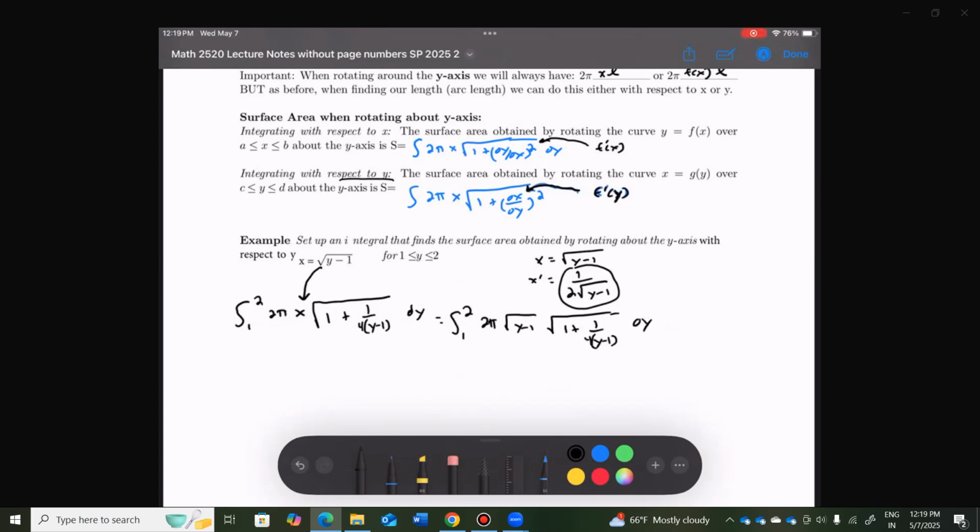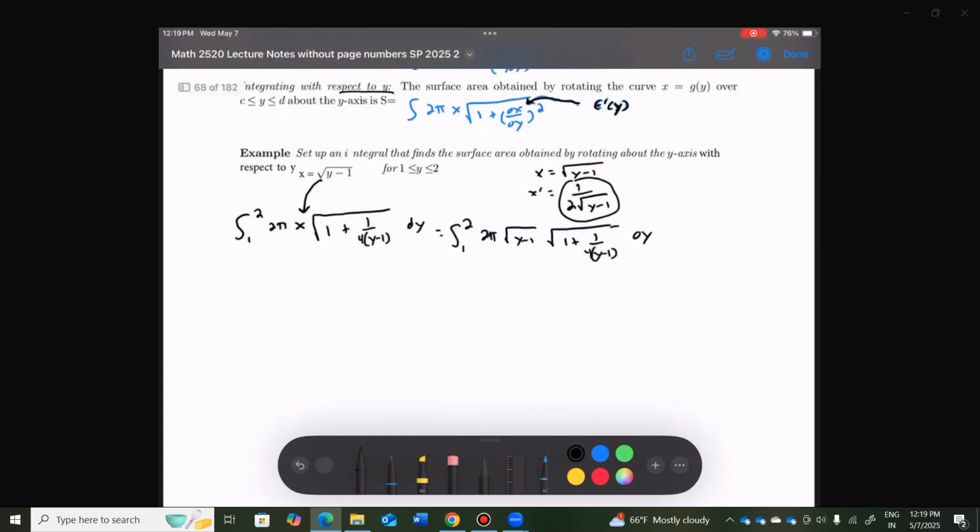Alright, so now I can find a common denominator. So I have 4y minus 1 plus 1 over 4y minus 1, dy. And then when I bring out the 4y minus 1, things are going to cancel.